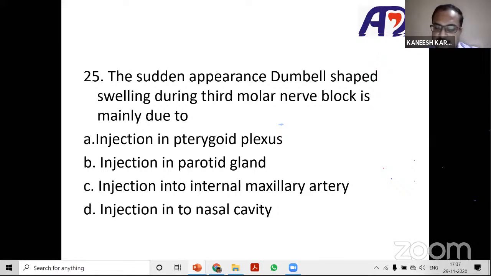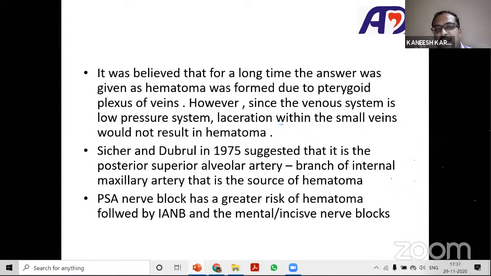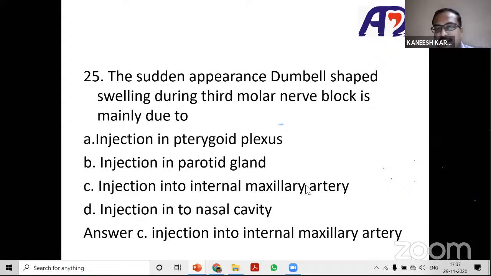But recently it has changed. It is injection into the internal maxillary artery. It was believed for a long time the answer was pterygoid plexus, but Scheiser and Dubrul in 1975 suggested that it is because of the posterior superior alveolar artery, which is a branch of the internal maxillary artery, that is the source of the hematoma. So it is the internal maxillary artery. The answer is C.